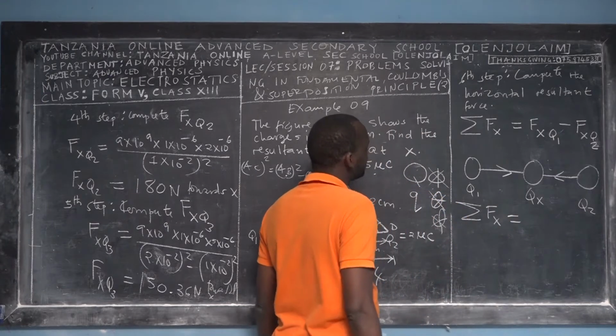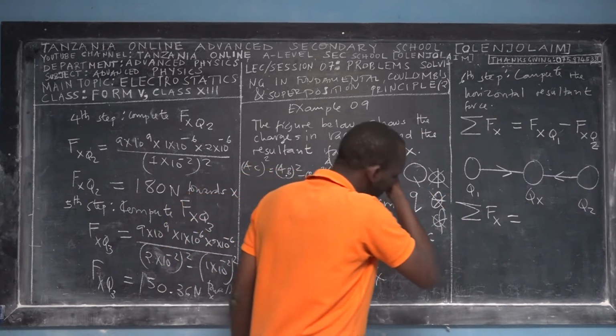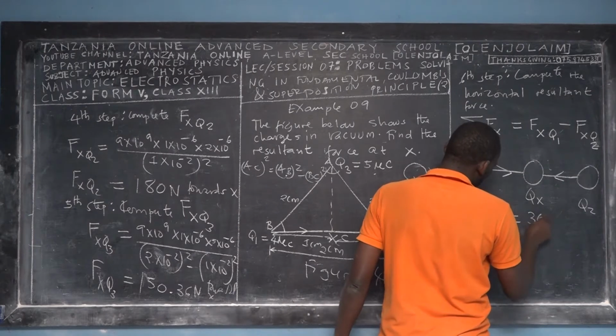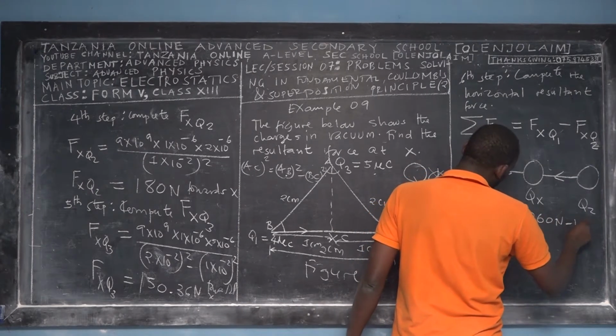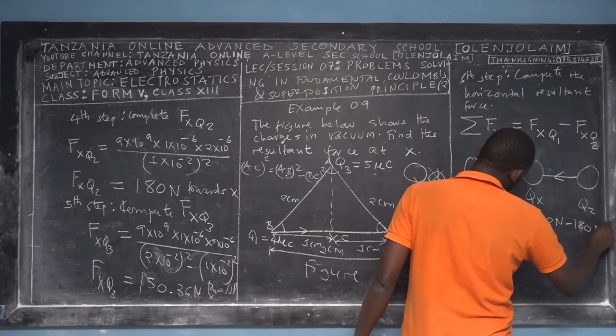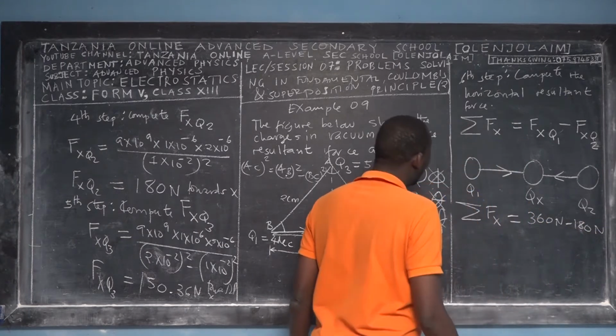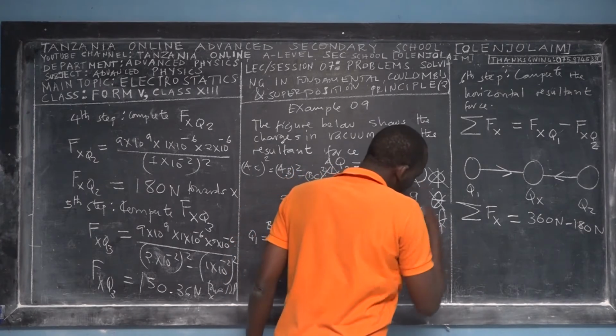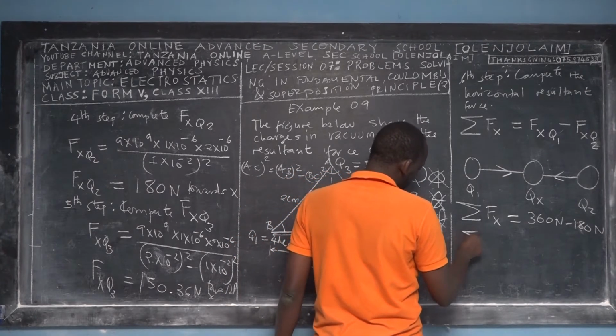So force along X will be what? The 360 Newton minus 180 Newton. Answer is equal to what? 180, isn't it? Yeah?